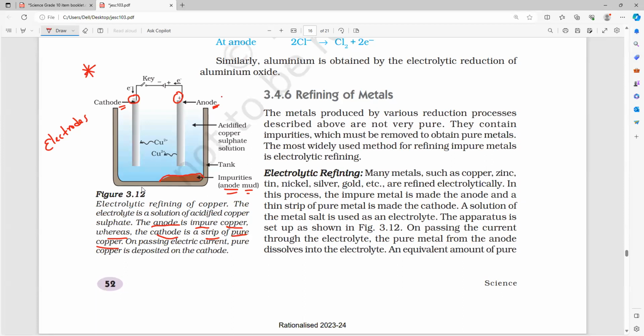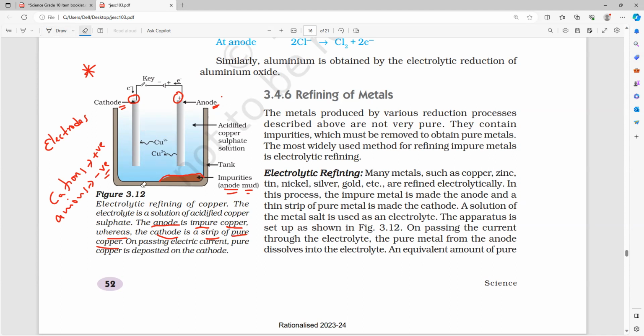And then next, cations. Cations are positive. That is why they always move towards the cathode. Anions, generally I am saying, are negative. That is the reason they always move to the anode.